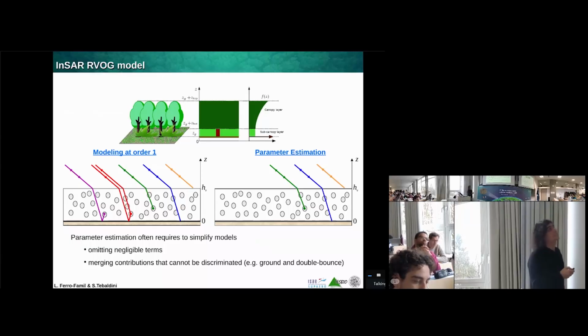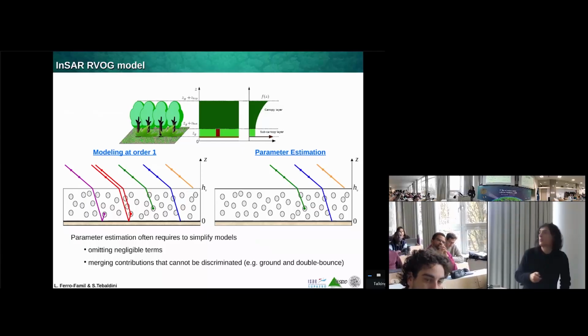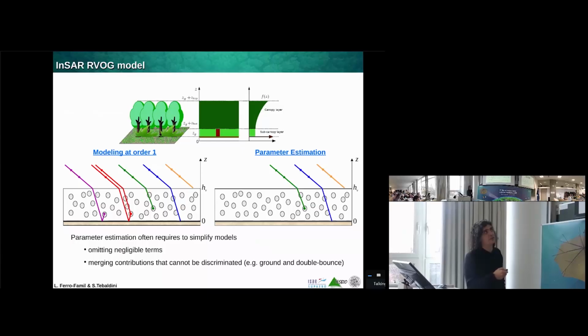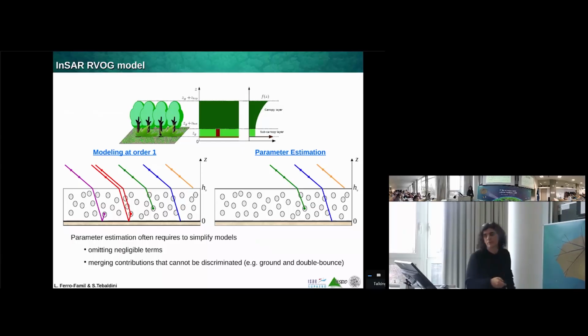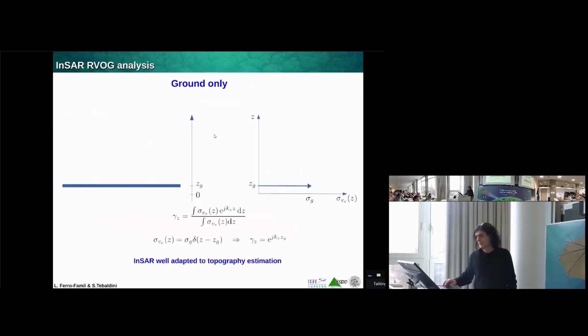This is the response you can get from a forest, or model from a forest, if you use radiative transfer at order 1. It is too complex for us. We simplify this response by considering only the response from the volume, the response from the top, and the response from the bottom. And this is even too complex.